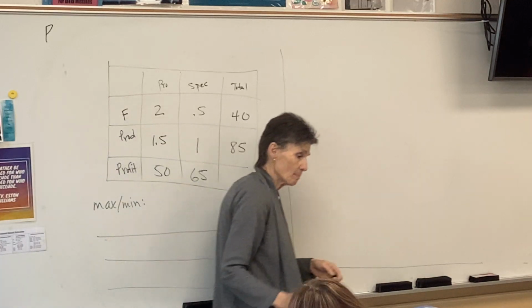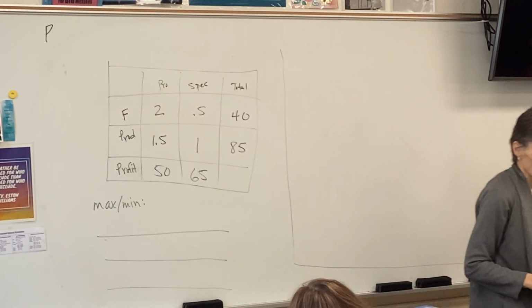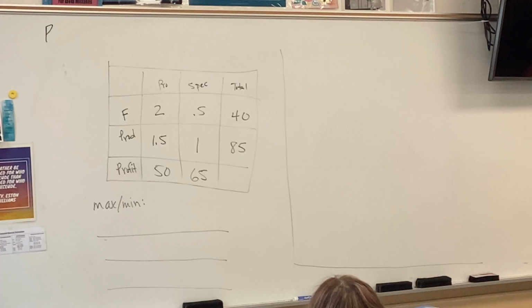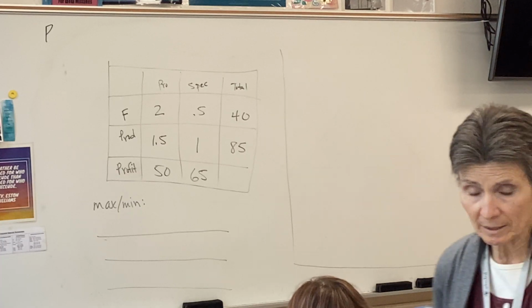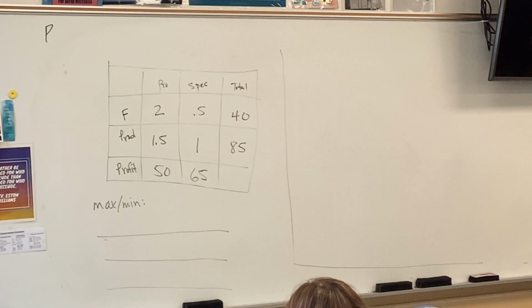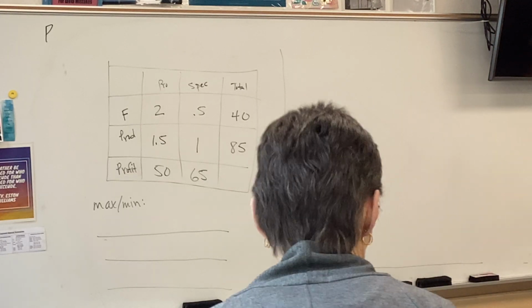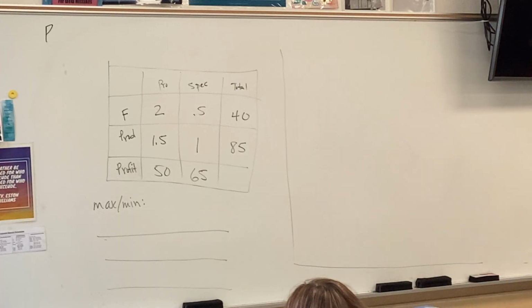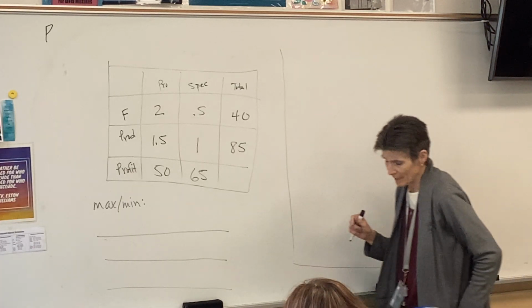All right, how do those numbers look to you? Remember, that's step 1. You have to be able to read the problem and put the numbers into the chart. All right, what are we trying to maximize or minimize in this problem?